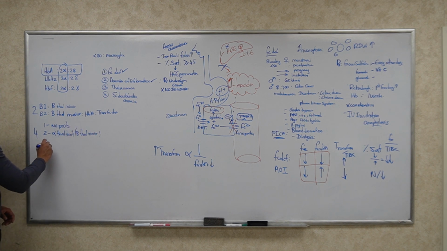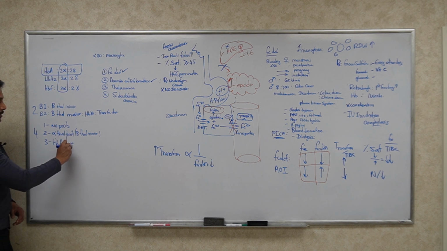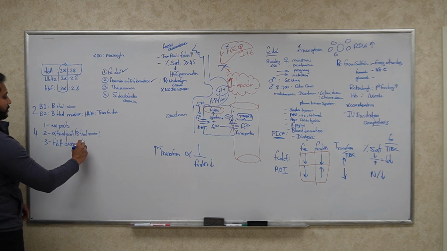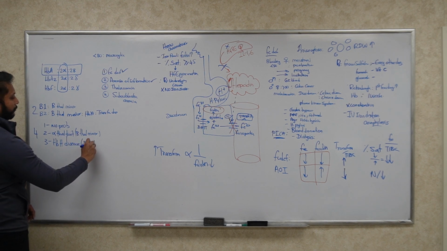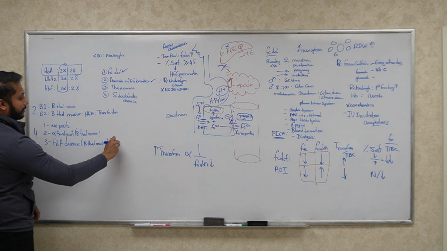Now what if you have 3 missing? You will have something known as HbH disease, okay? You will have HbH disease, which is like beta thalassemia major, which is going to be transfusion dependent, okay?